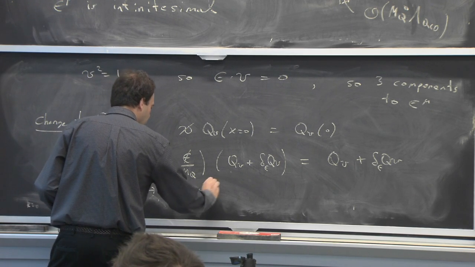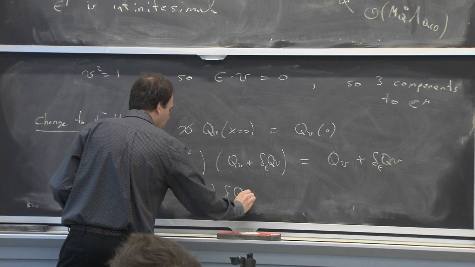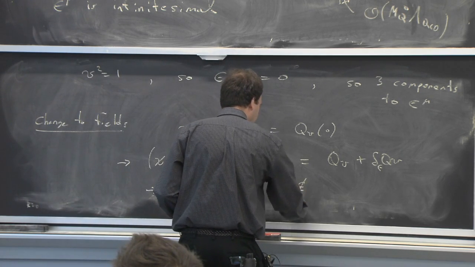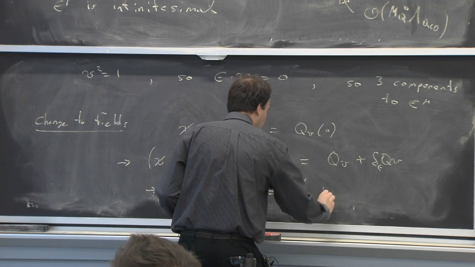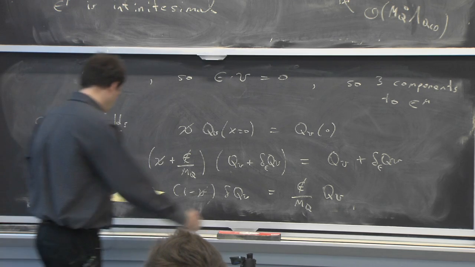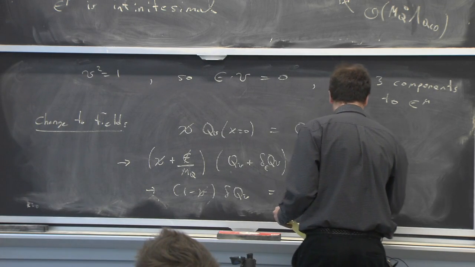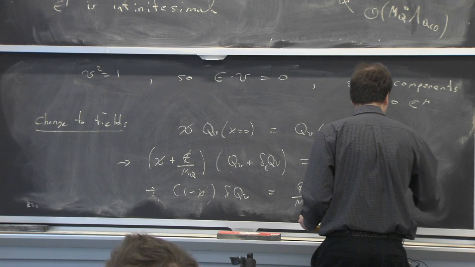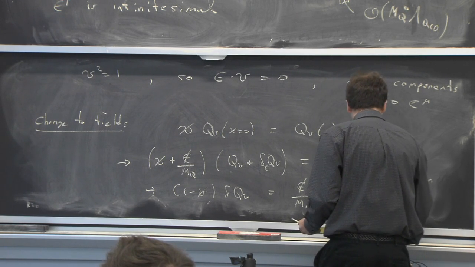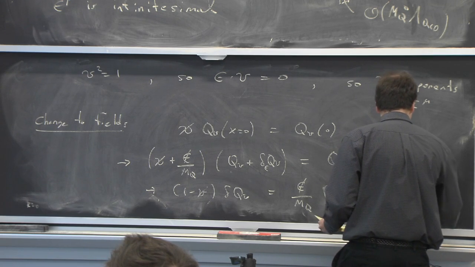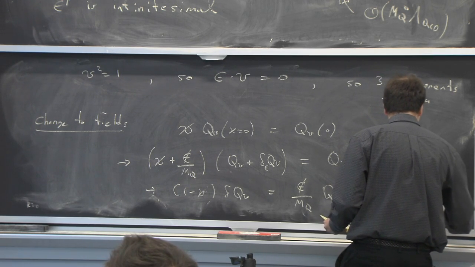So rearranging this equation, I find that (1 minus v slash) delta Q_v is epsilon slash over m_Q times Q_v. And this equation has the solution that delta Q_v is epsilon slash over 2m_Q.